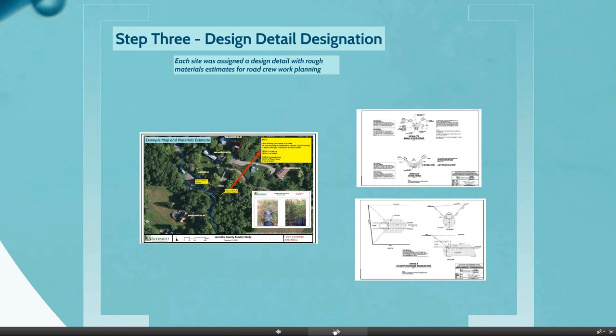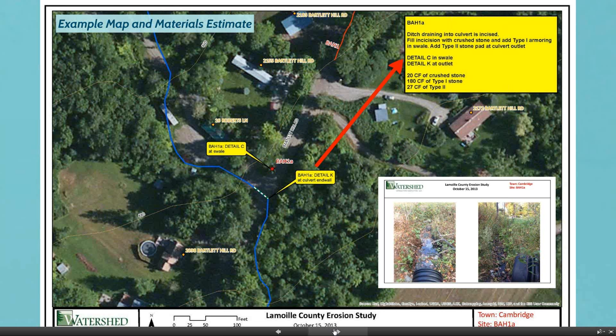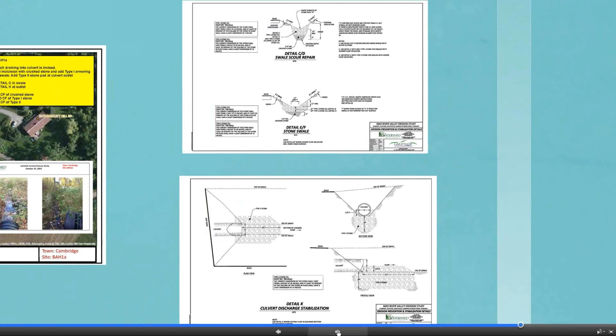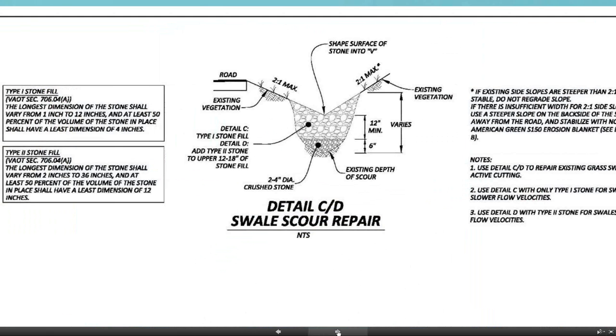and then referenced those typical details at each location. And with that information and with a volume calculation of the materials that would be needed to implement the fix at one of those sites, coupled with the reference, this is just an example reference of one of the typical details here.